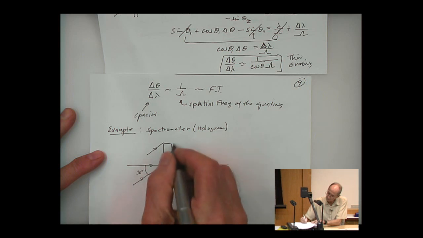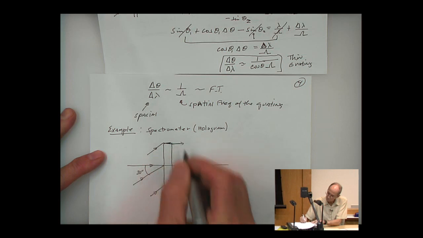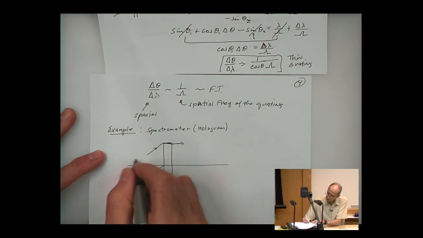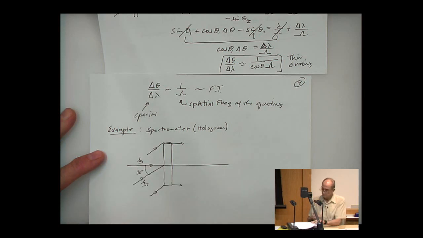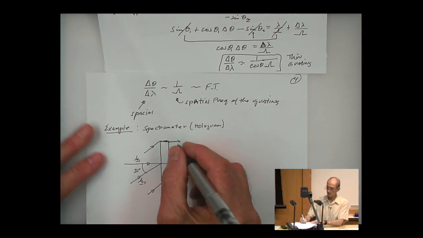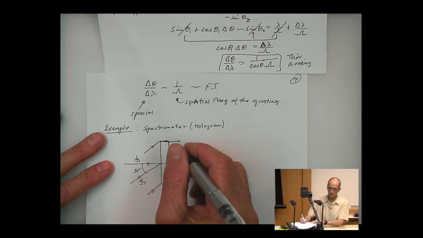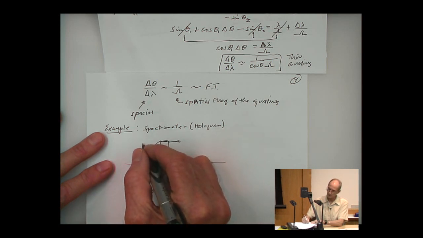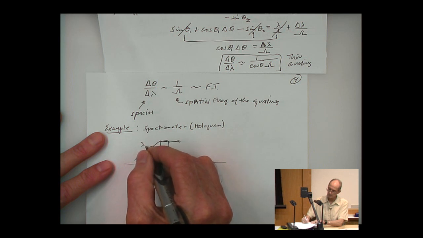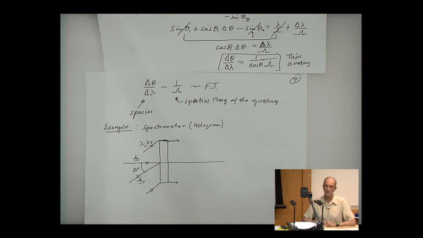And then our diffraction direction here is going to go in the direction, say this is K1 and this is K2. The direction of diffraction is going to go in this direction. And now we'll illuminate this with, say, lambda 1 and lambda 2. So we have a spectrum, but basically it's just two wavelengths.